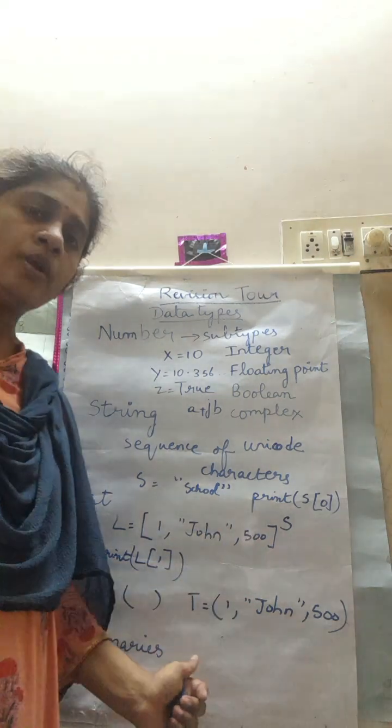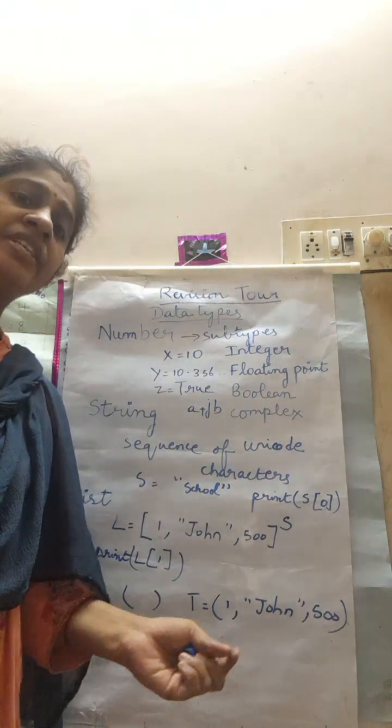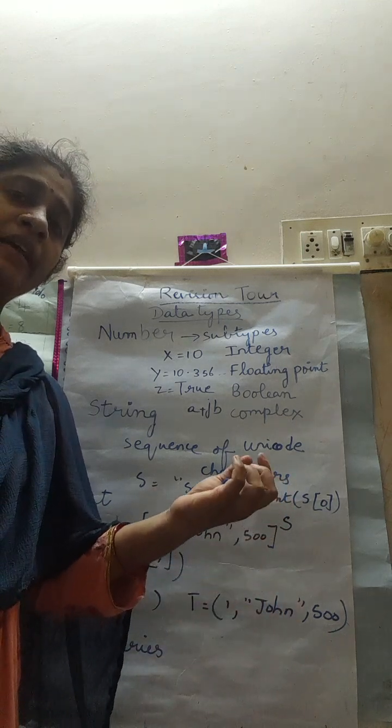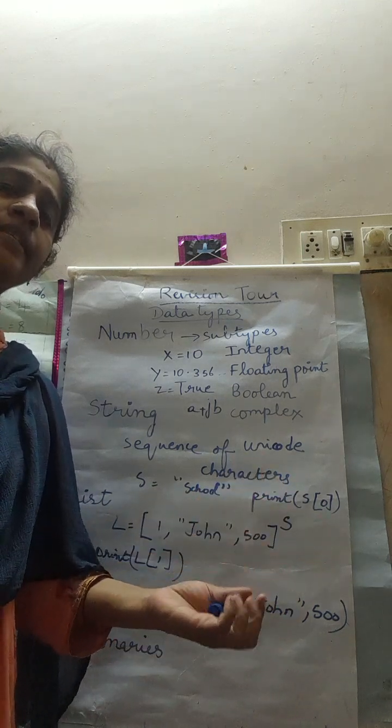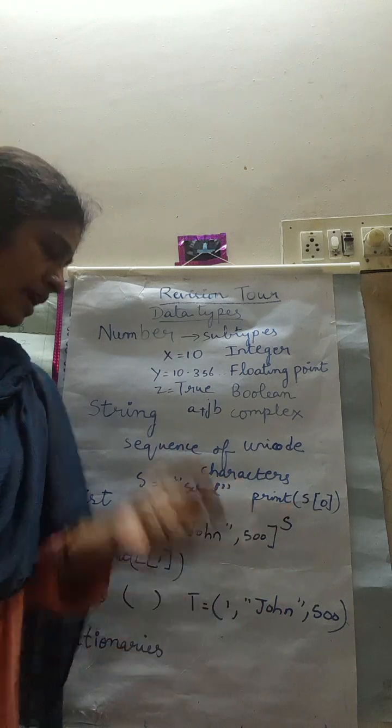And the next one, what are dictionaries? Dictionaries are in the form of key and value. It is a collection of key and value pairs.